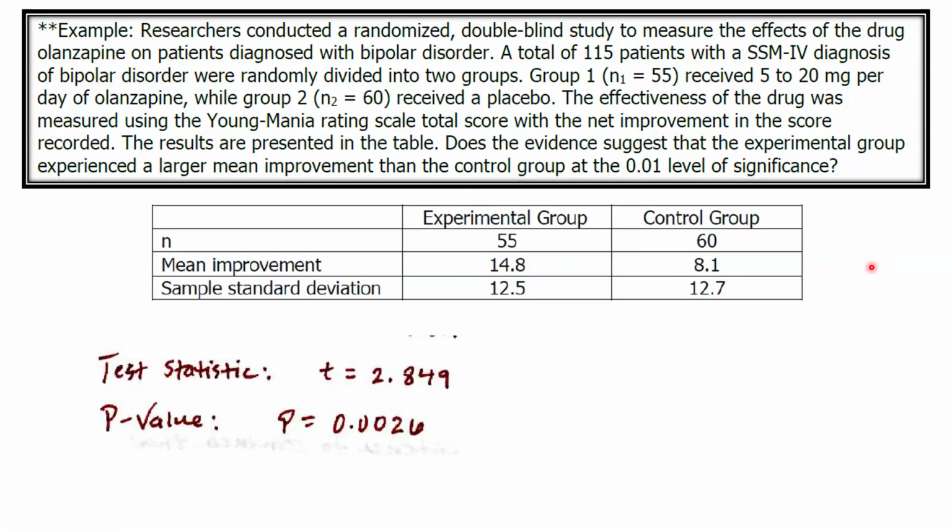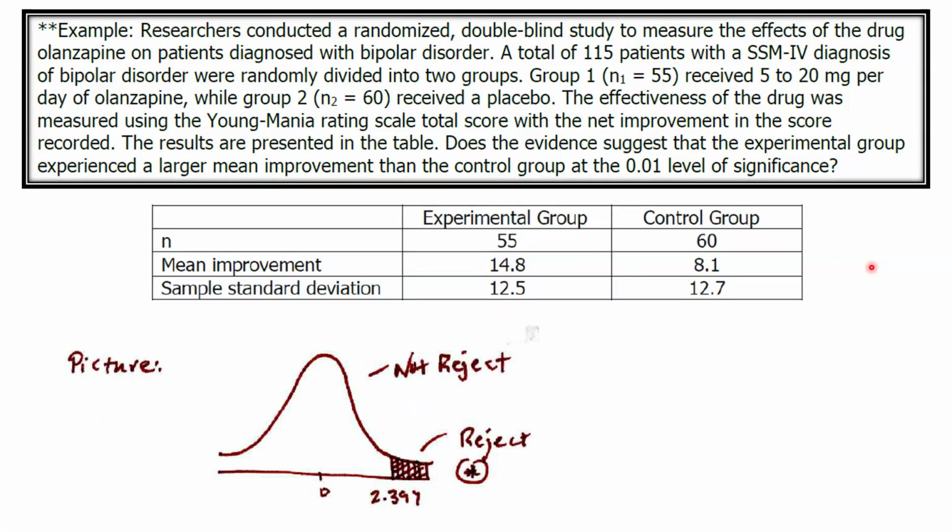Okay. So in drawing our picture, we have our t-distribution curve with our rejection region shaded, with our critical value 2.397 as our boundary line. We see here that our test statistic is greater than our critical value, so it lands in the reject region.